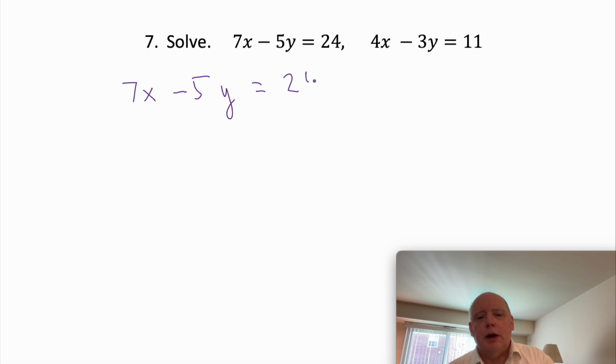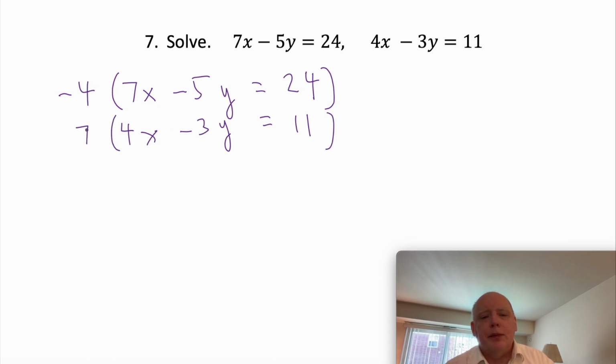Kind of put one on top of the other. So 4x minus 3y. We'll use the technique of elimination on these. So let's multiply the first equation by minus 4 and the second equation by 7.